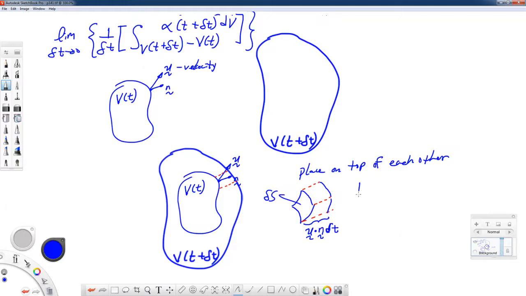So the volume for this little bitty piece right here is given by this dimension times the surface area. It's given by u dot n delta t by delta S for the surface area.